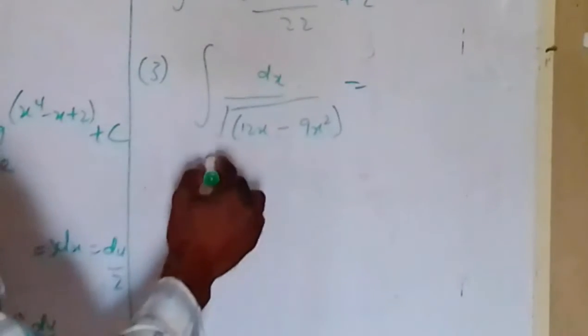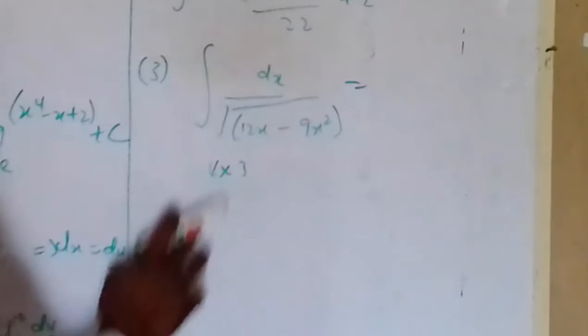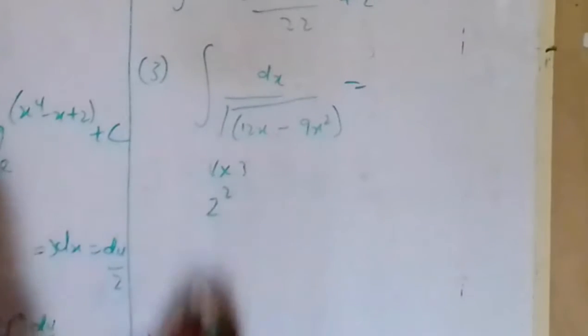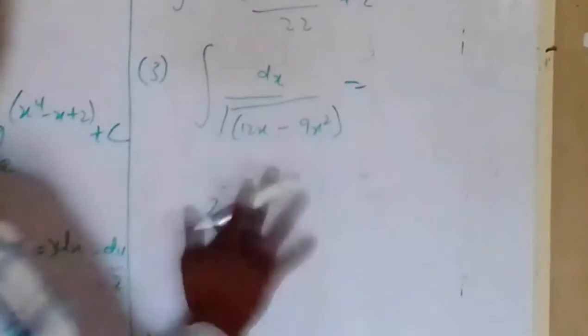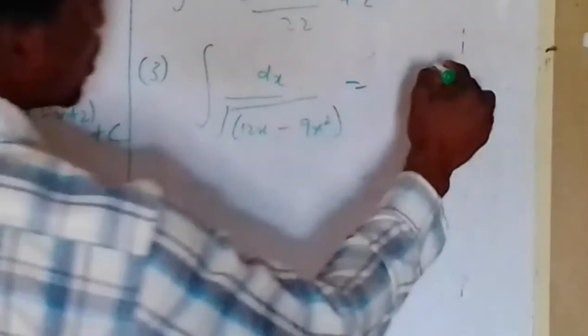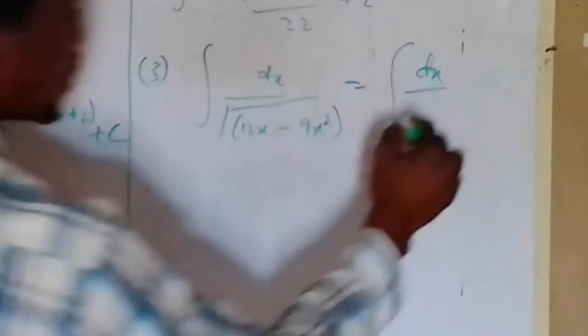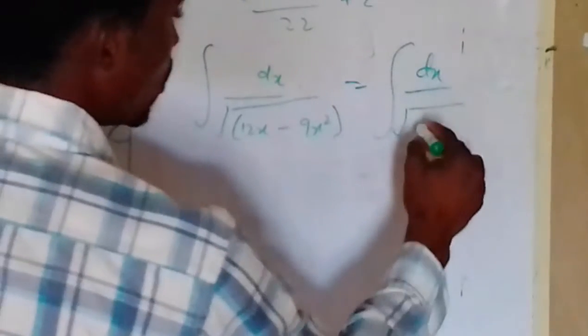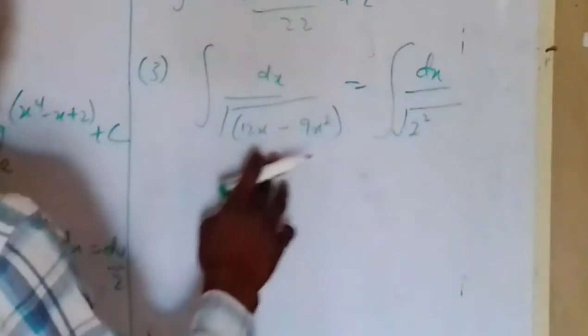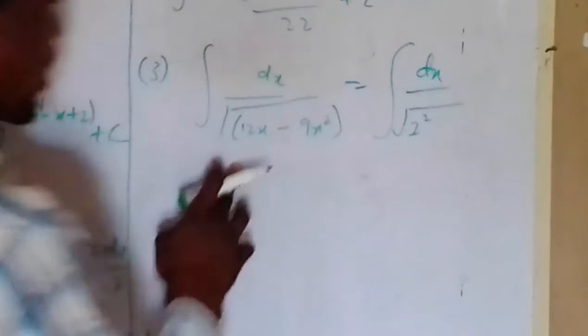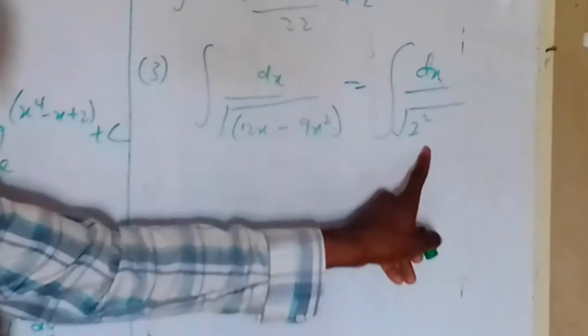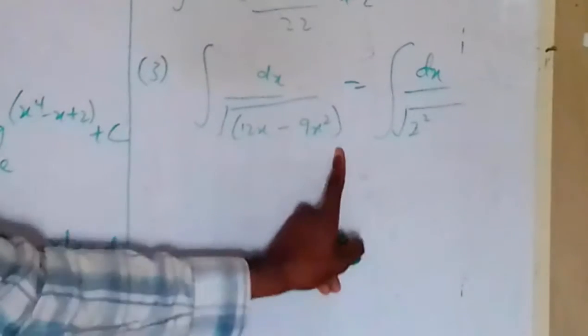Now, to get 12x, I say 4 times 3x, 12x, where 4 is the same as 2 raised to power 2. So in which case I can now say it is the integral dx over square root of 2 squared. Now, what can I add to 2 squared to get all this back?